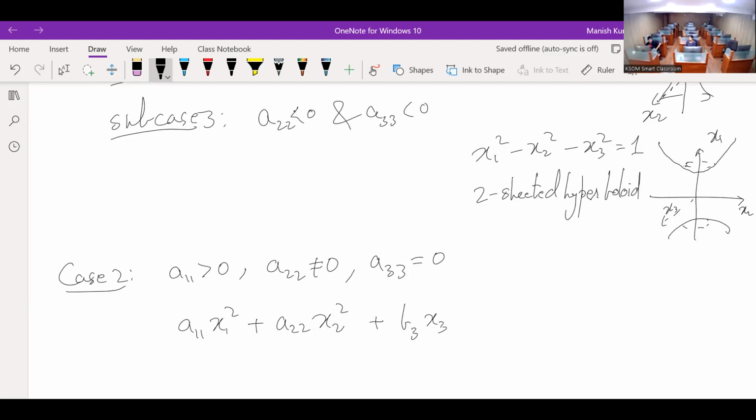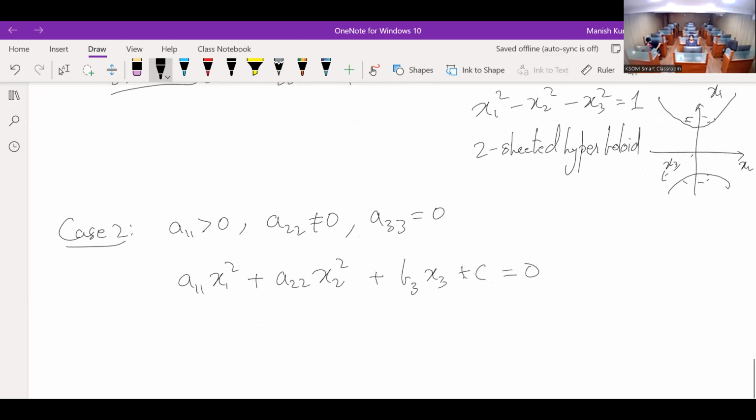So we'll have to assume that b3 is non-zero, so it need not be degenerate. Let me write it as, and let's call this 1. Maybe this is also not right. So plus c3, no, forget c, equals 0. So this is how we can transform it.